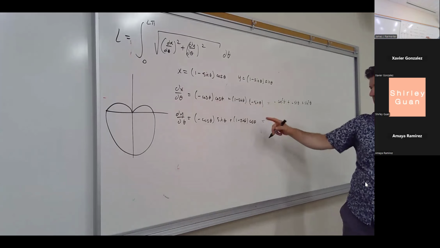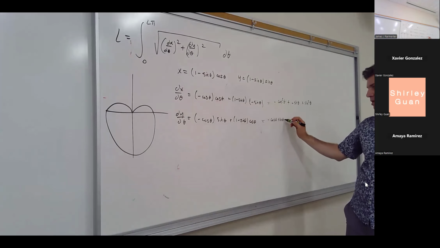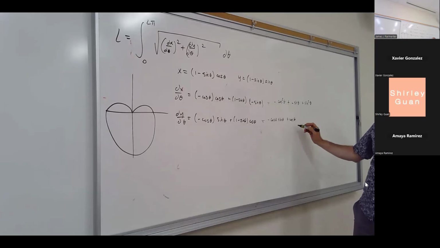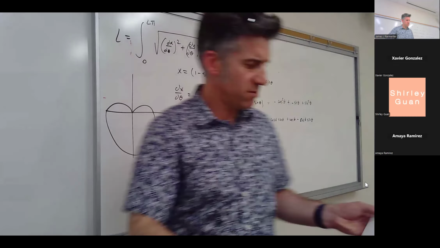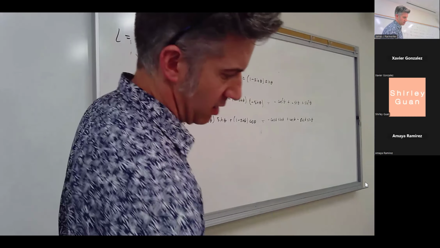And here we've got a negative cosine sine, a plus cosine, and then another negative cosine sine. Yeah, it really is as gross as I think it is.